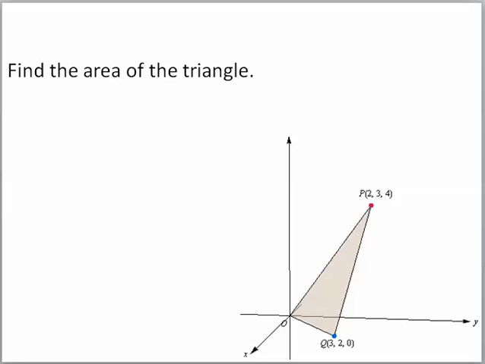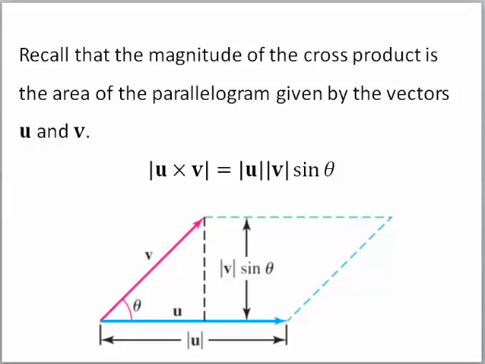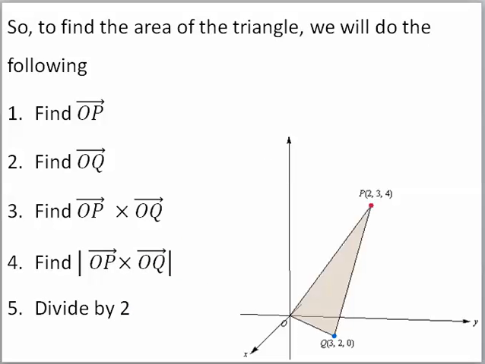So let's find the area of this triangle. Recall that the magnitude of the cross product is the area of the parallelogram given by the vectors u and v. So to find the area of the triangle, we will do the following. We will find the vector OP, then we will find the vector OQ.